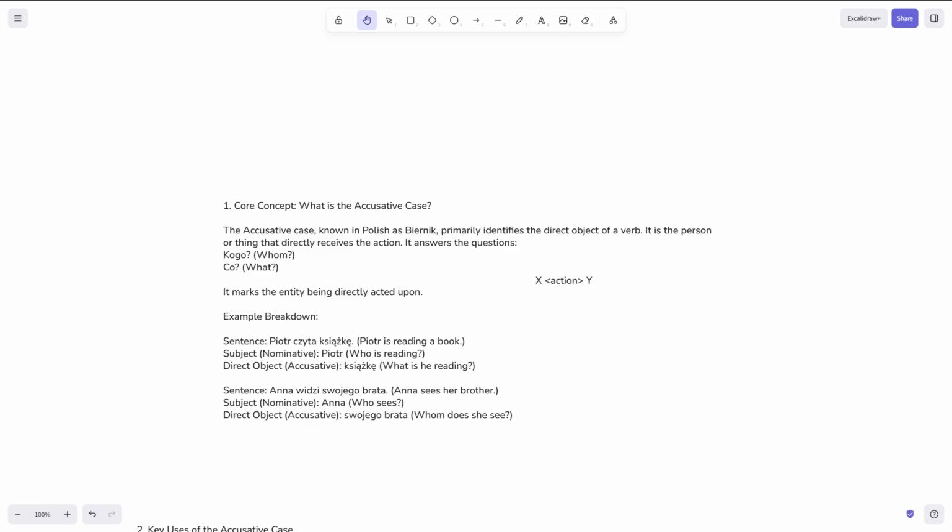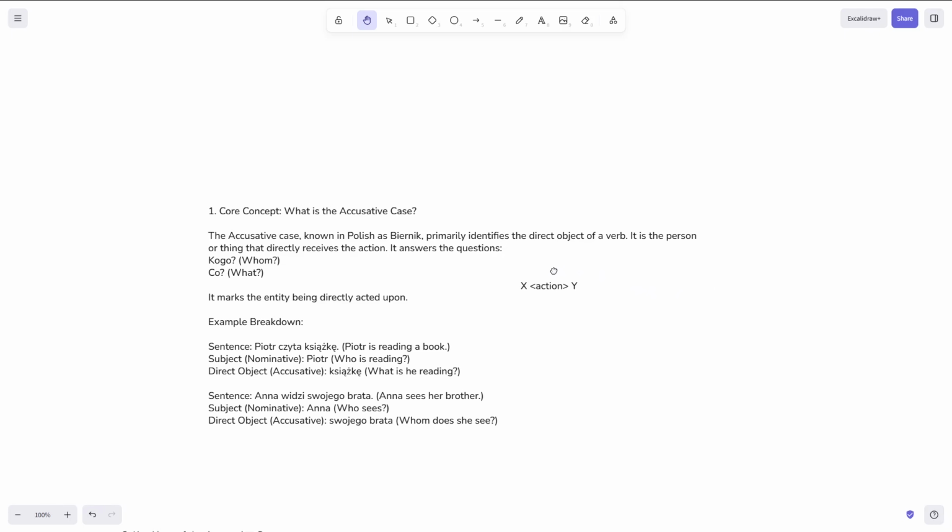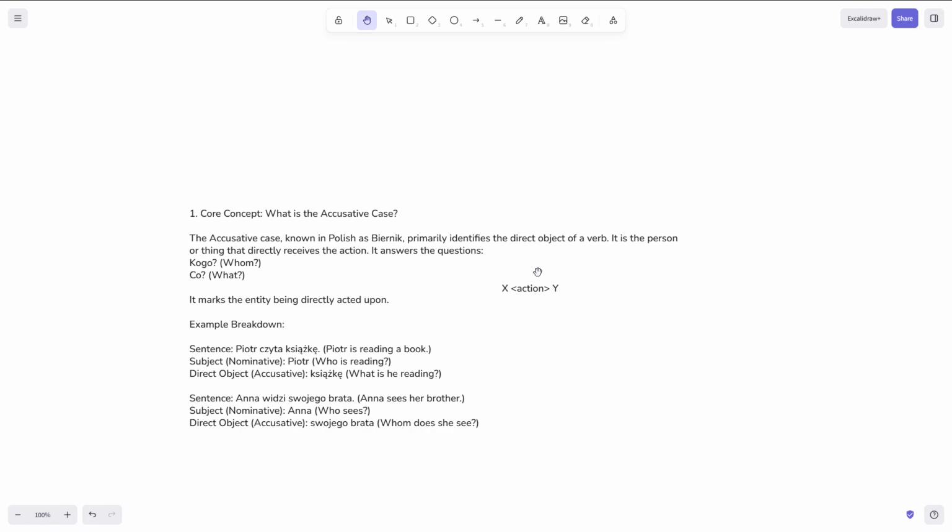And today we are going to be talking about the accusative case, so case number 4. We have already done nominative, genitive, dative, or dative, I'm still not sure.